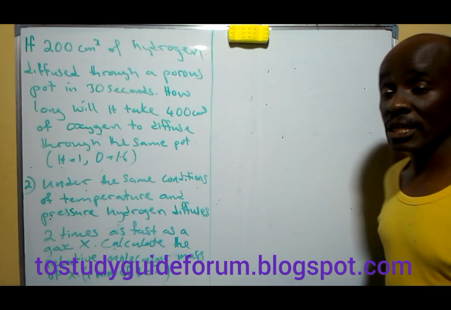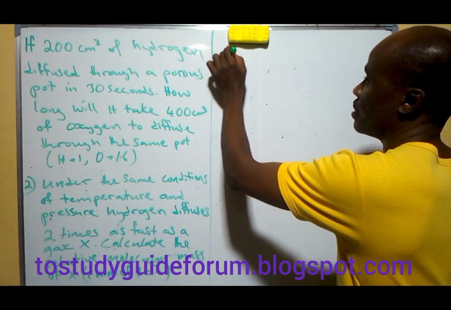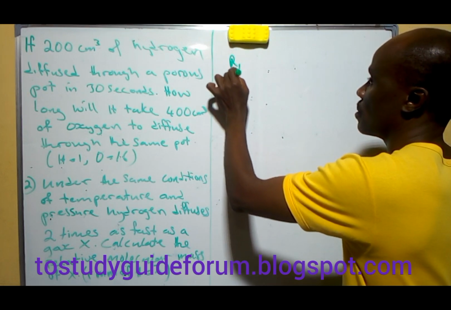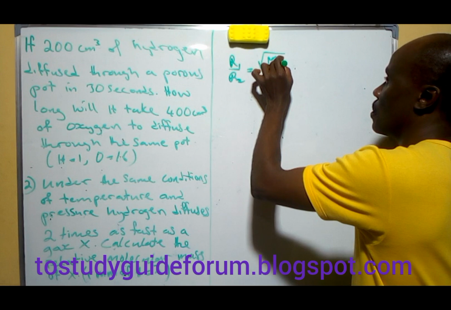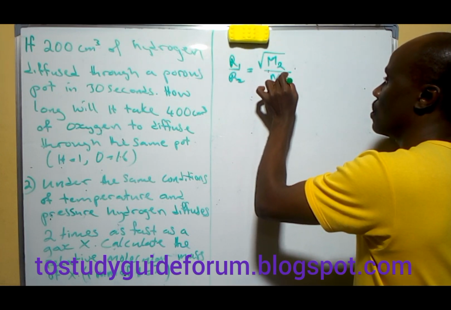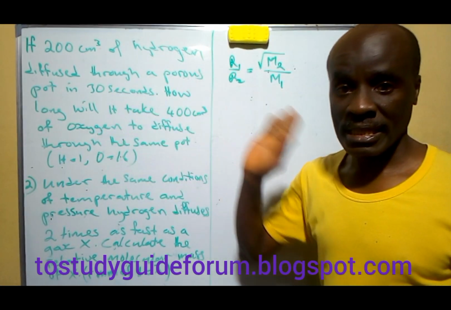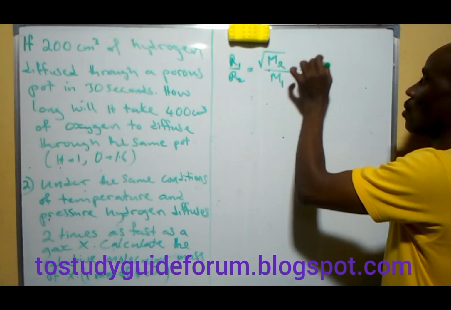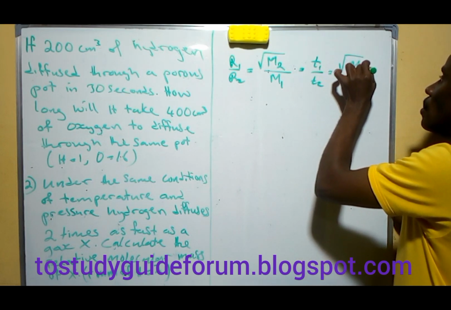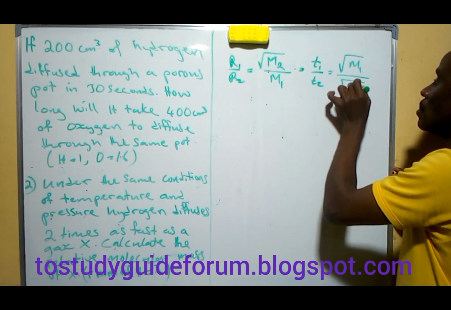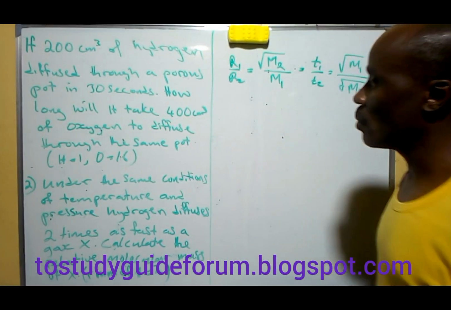Remember, in Graham's law, the rate of diffusion is always related to molecular mass, and when it has to do with time, it can also be equal to the ratio of times. So based on the equation, we're dealing with the time.